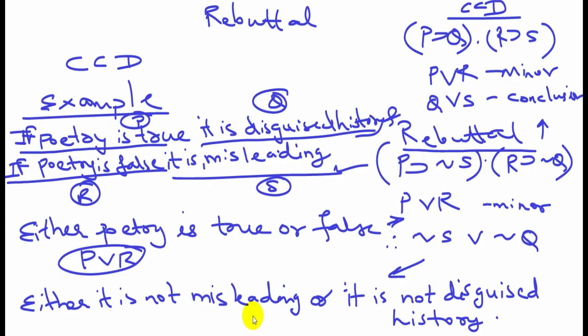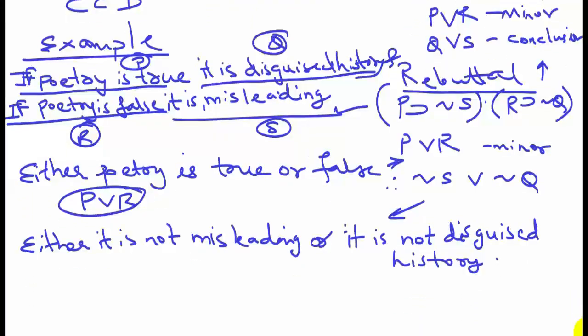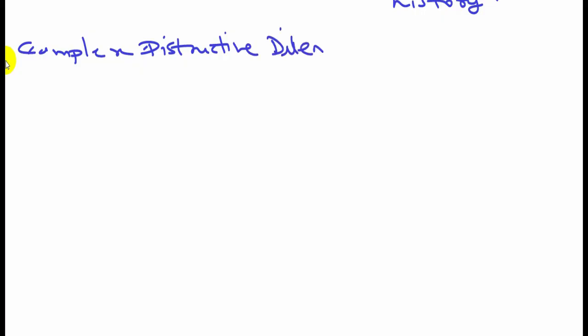The same method is applicable to the rebuttal of complex destructive dilemma. Same way we have to do complex destructive dilemma. Now we should recollect what is complex destructive dilemma, how do we write? First we write P, Q and R, S, right?